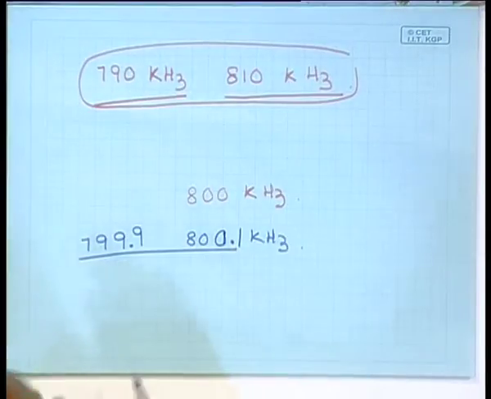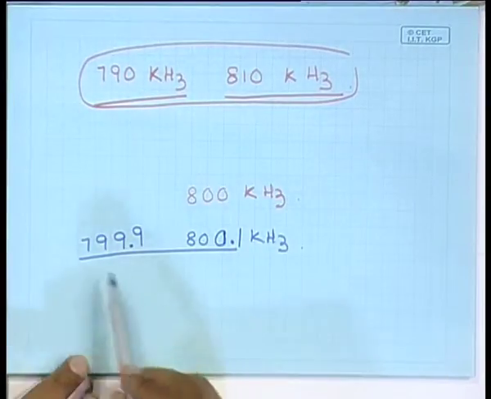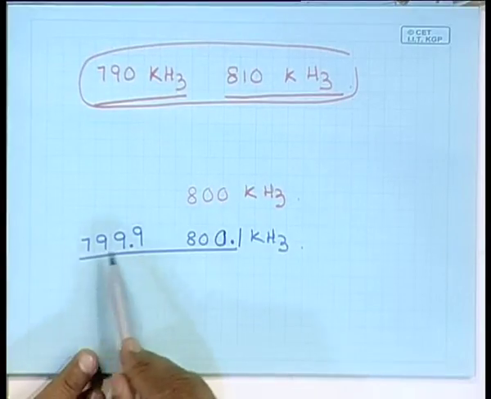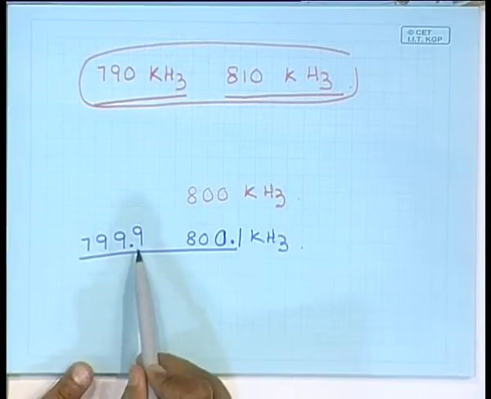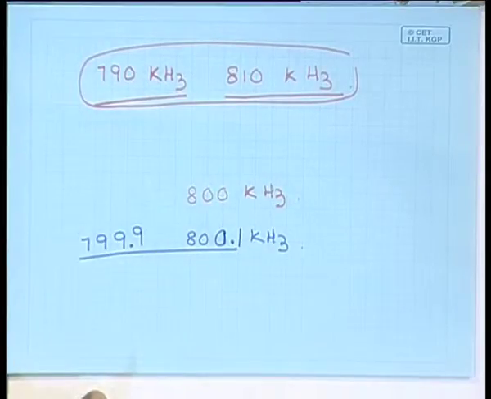So, suppose I tune my receiver such that it is tuned at 800 kilohertz, but it is going to be sensitive to frequencies only in this very narrow range around this frequency. Question is, can you reconstruct my voice from the radio signal only in this very narrow range of frequencies?